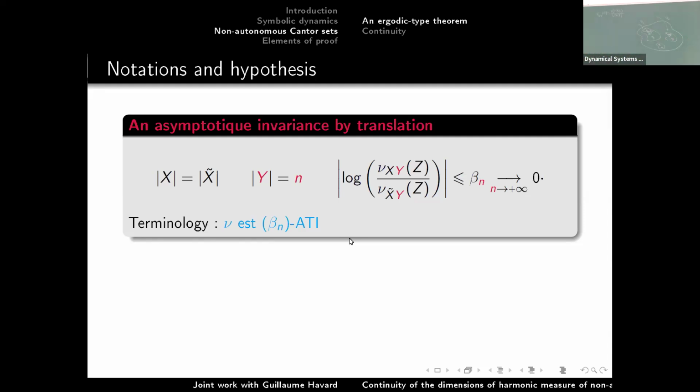Exactly. So Sullivan calls it a scaling function for maps of the interval. You have x and x tilde, let's say in the interval, and you take the tail. Then the ratio stabilizes.